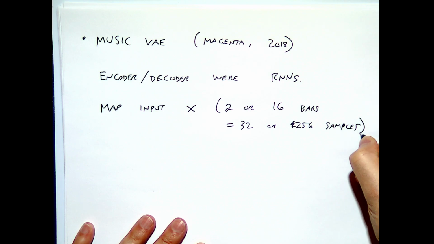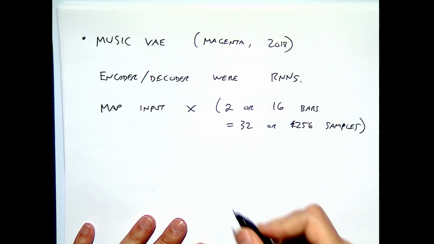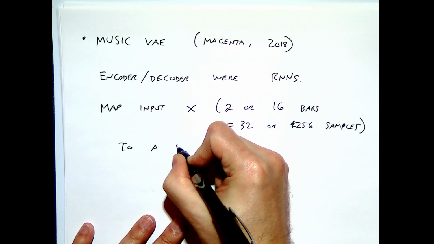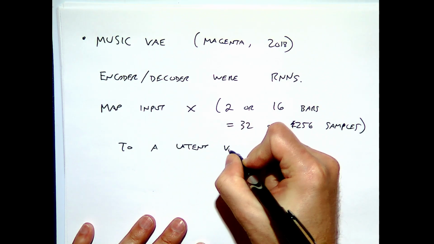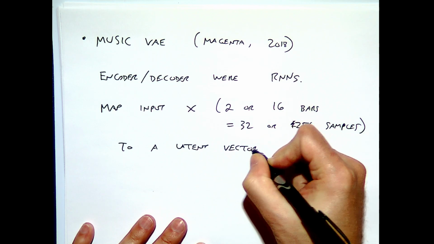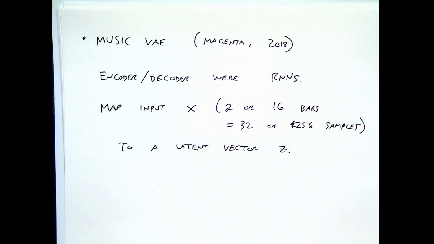These are the little vectors I'm trying to encode into the latent space. And then the decoder is something that goes from this latent code back to a subsequence that I can concatenate together to get the full result, right?